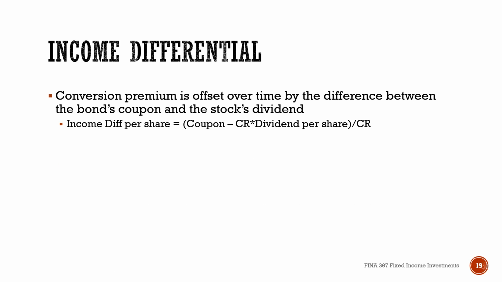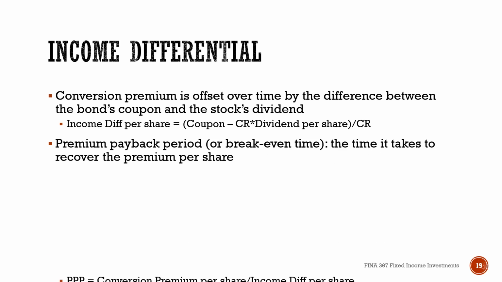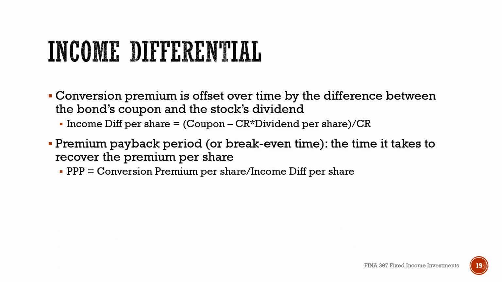Next, how long does it take for this income differential to fully offset the conversion premium that you paid on the first day? That amount of time is called the premium payback period, or the break-even time. To calculate it, you would take the conversion premium per share and divide it by the income differential per share.